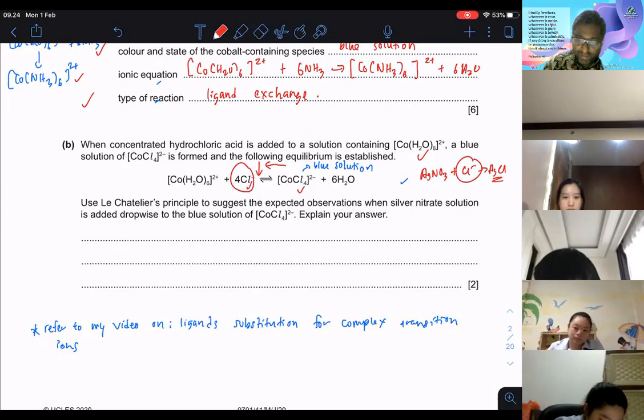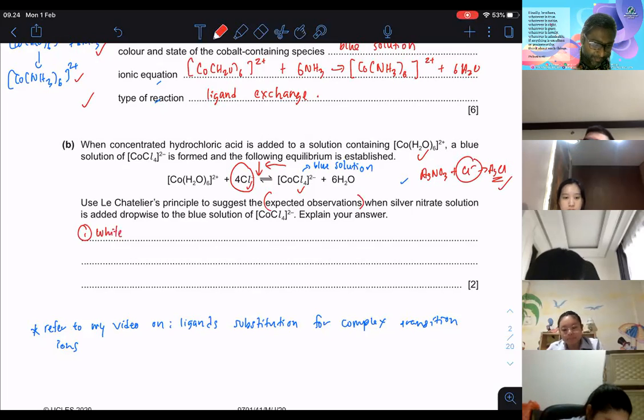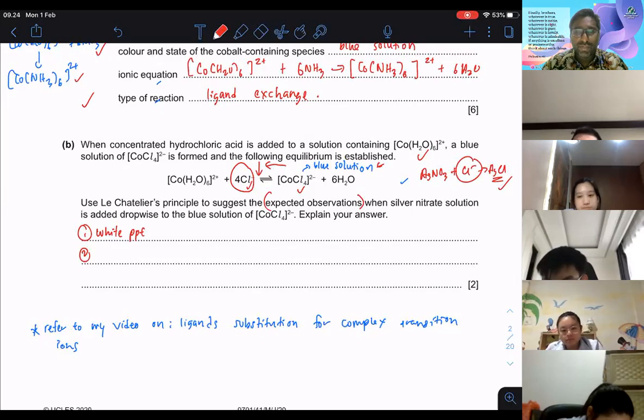So here they say suggest what is going to be the expected observation. One observation is, because silver chloride is being formed, you can just say a white precipitate is formed. That's going to be the first one. Second, we know this is going to be a blue solution. If it is going to move to the left, the blue solution is not going to be formed.